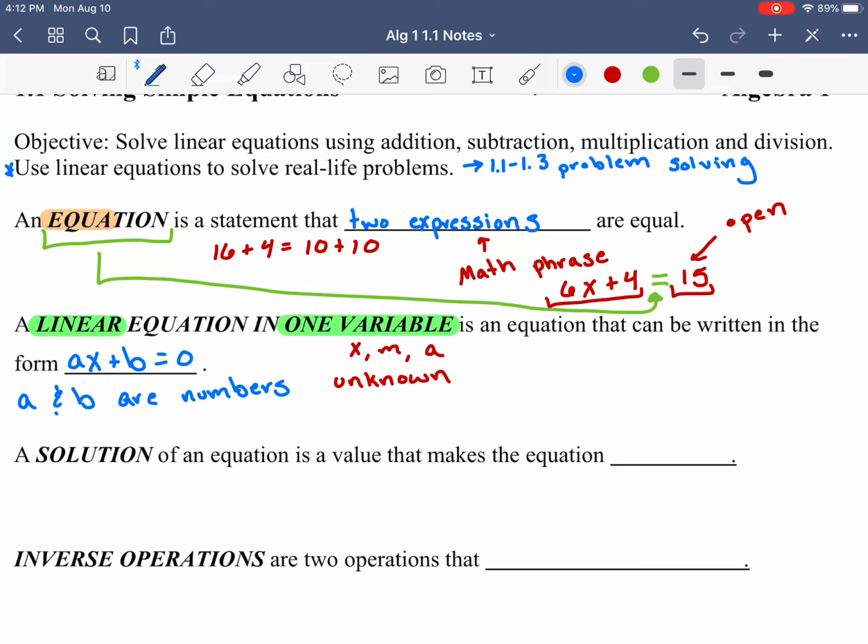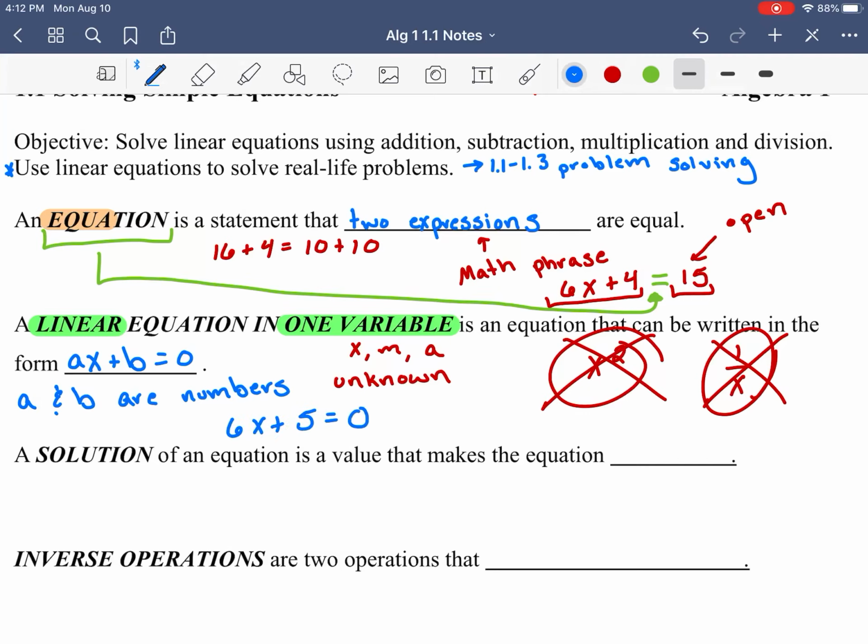So one thing to notice is that x right there doesn't have an exponent. Well, the exponent on it is 1. So things that aren't linear: x squared, not linear. 1 over x, that also is not linear. But things that look like 6x plus 5 equals 0, that's linear.